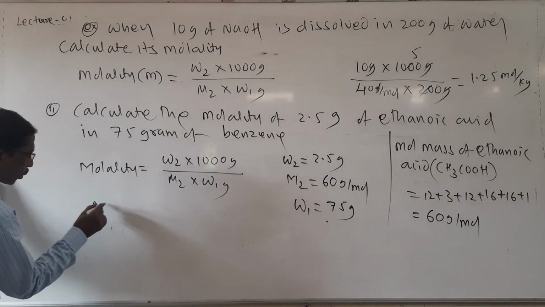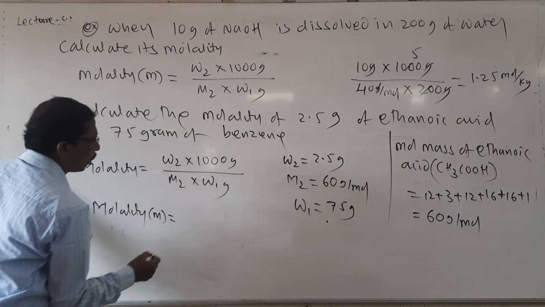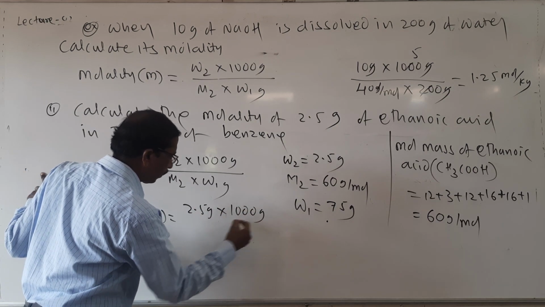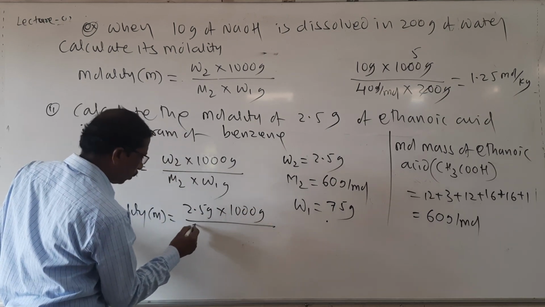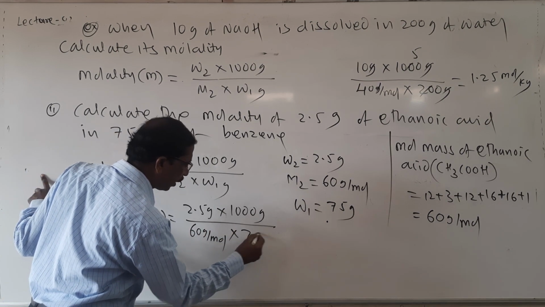Then substitute all these values. Molality, small m, is equal to 2.5 gram into 1000 gram divided by 60 gram per mole into 75 gram.